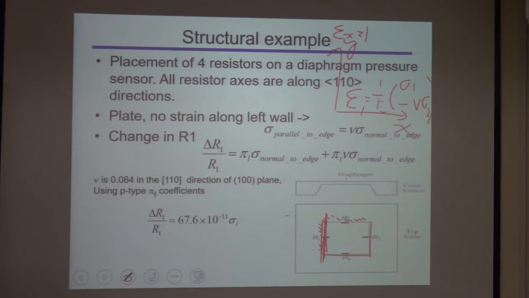So this is 1, this is 2. But epsilon 1 is 0, because epsilon 1 is 0 and E is not 0, so everything inside the parenthesis must be 0. That's why sigma 1 must be equal to nu sigma 2.